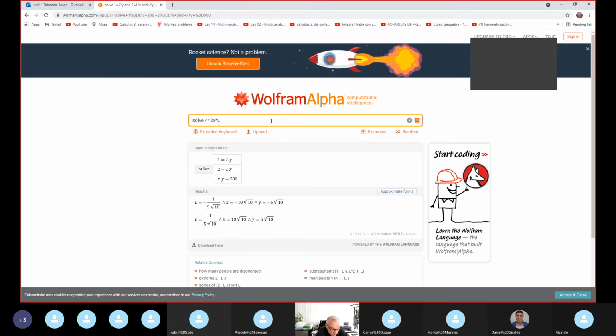And 4 equals 8y times lambda. And well, x squared plus 4y squared equals 4, no? Equals 4. Okay, this is my equation.